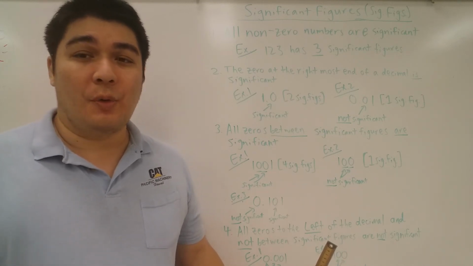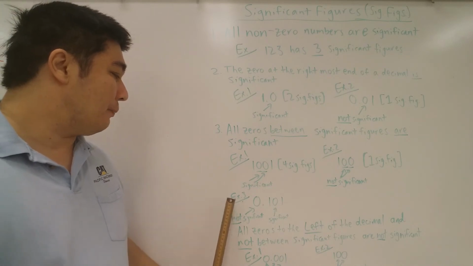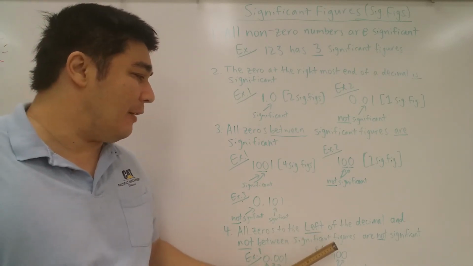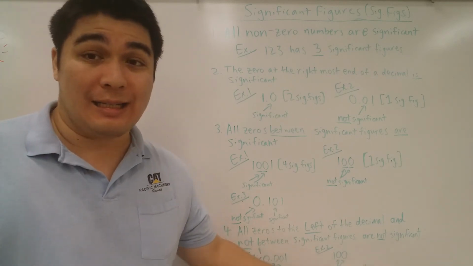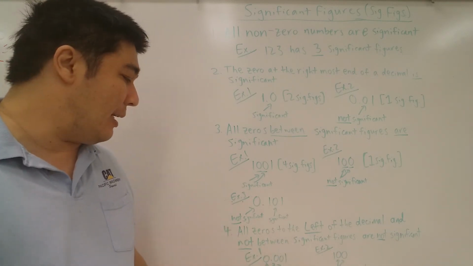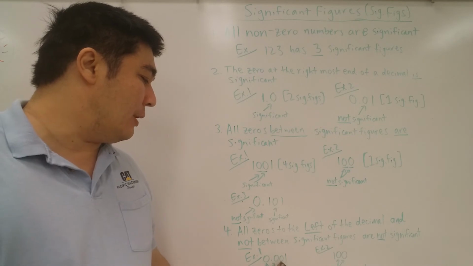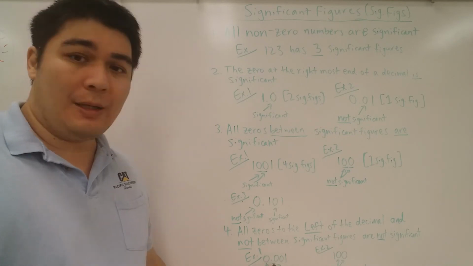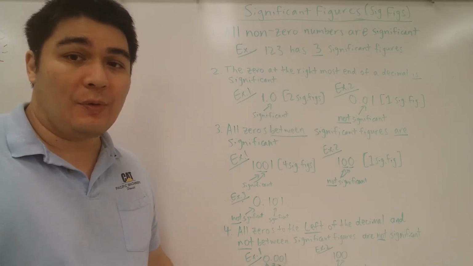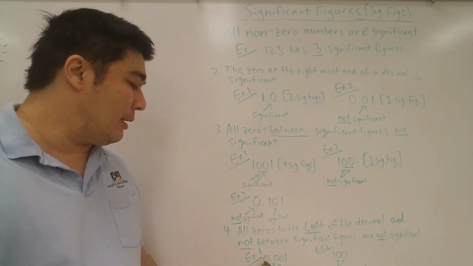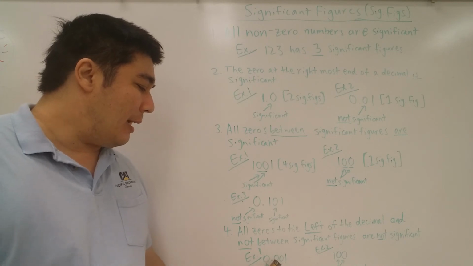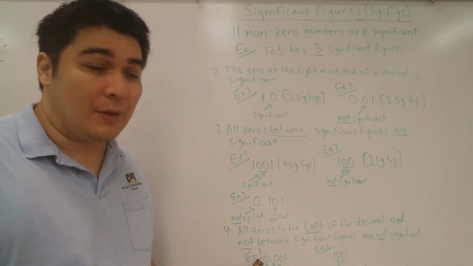Let's go on to rule number 4. Rule number 4 states that all zeros to the left of the decimal and not between significant figures are not significant. Some examples of that would be 0.001. All 3 of these zeros are not significant. The reason why is because this 0 is to the left of the decimal, and so therefore that's not significant.